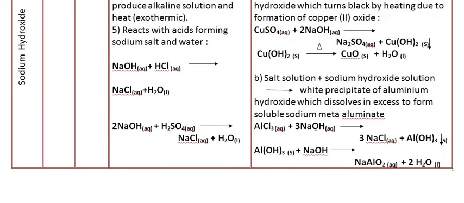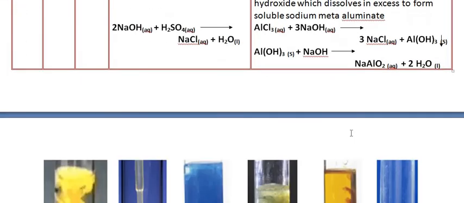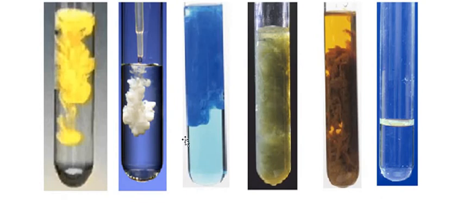Also, by adding sodium hydroxide solution to any aluminum salt, a white gelatinous precipitate is formed, which is an indication that this salt is an aluminum salt. This is the blue precipitate of copper hydroxide. This is the white gelatinous precipitate of aluminum hydroxide.